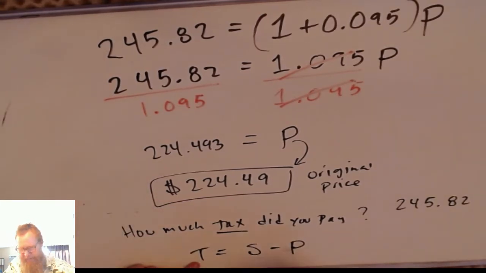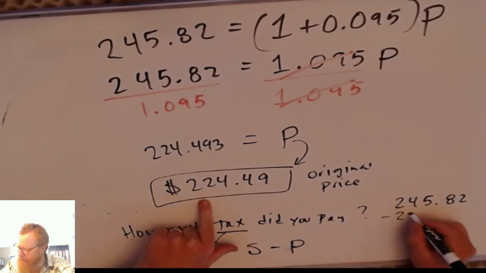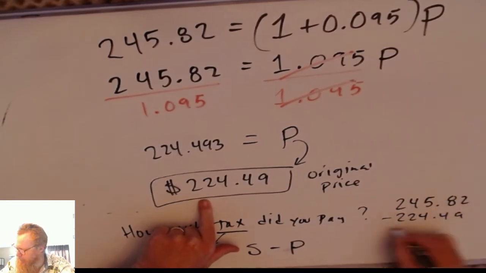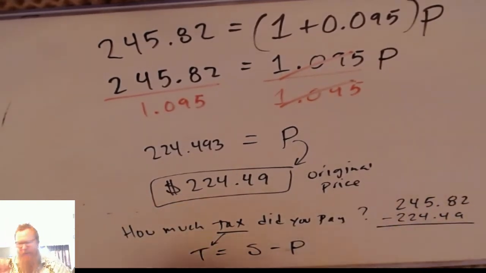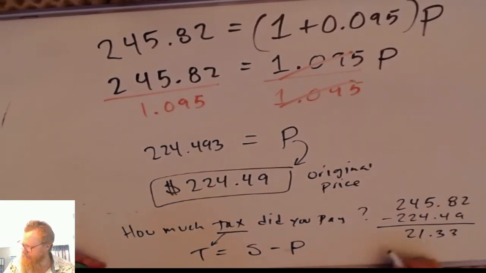You take the sale price, what it actually was sold for, and subtract the original price. The original price was $224.49. I could probably do that by hand, but I'm not going to. 245.82 minus 224.49, and I paid $21.33 in tax.